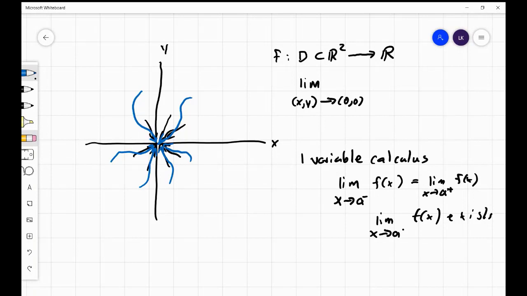So for a function of 2 variables, for the limit to exist as we approach the origin, this limit has to be the same for all possible paths going to the origin. And not just straight lines, but all possible paths.